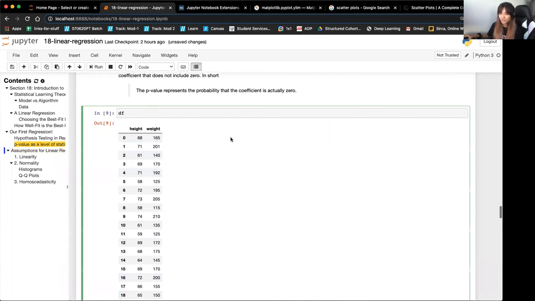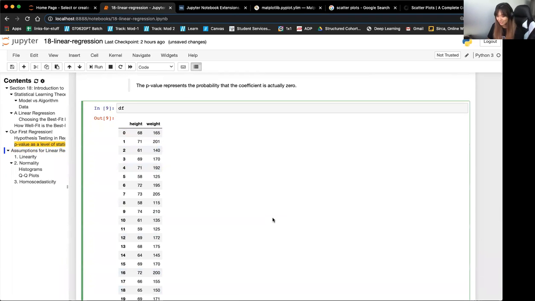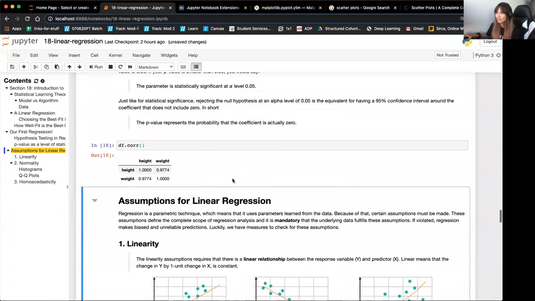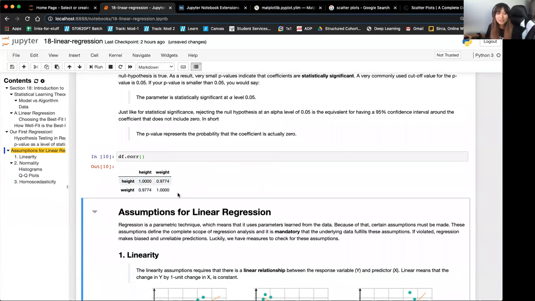There is a function built into pandas called corr. So df.corr is one that I use a lot. df.corr will basically show you the correlation between every variable and every other variable. Here, since we only have two, the correlation between a variable and itself is obviously 1, so height and weight are both 1. But the correlation between weight and height is 0.97.